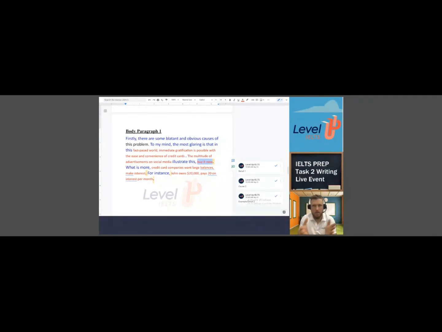A lot of beautiful advertisements illustrate this problem. This is where you can use a relative clause that would make your idea a bit clearer. We're talking about advertisements featuring brilliantly designed images of what do people buy?